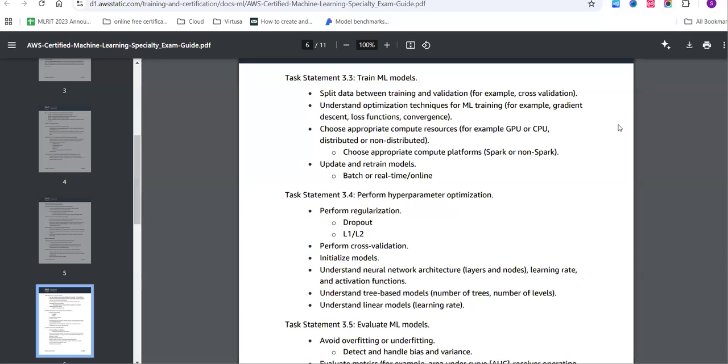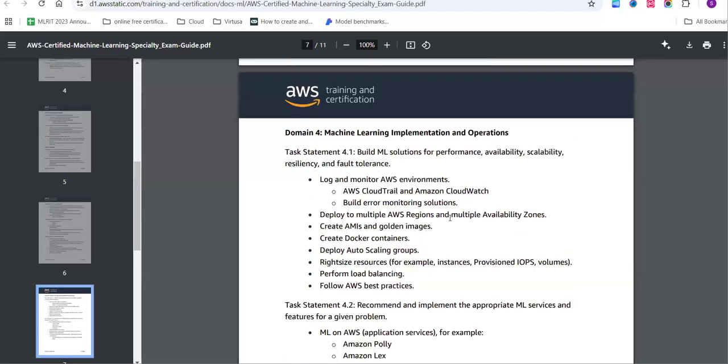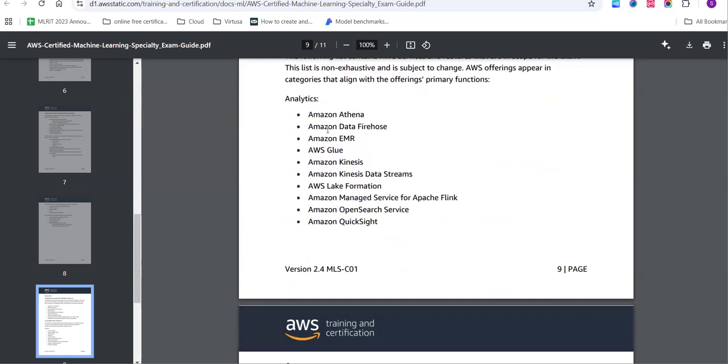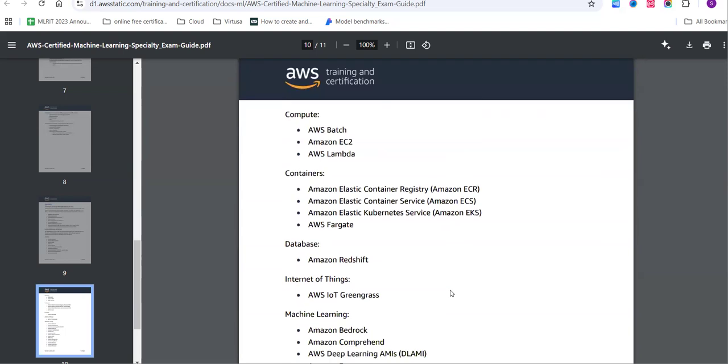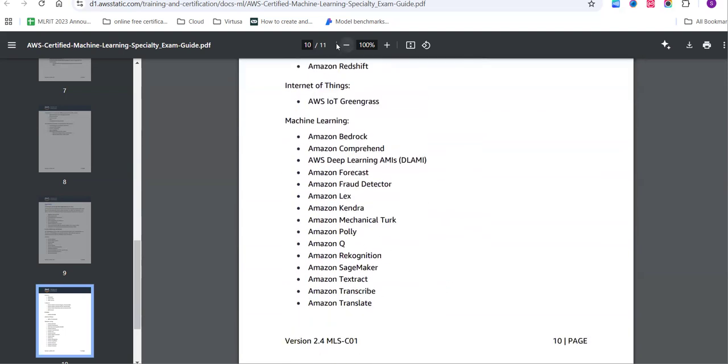Such types of questions are coming. And lastly, we are also getting questions related to AWS architecture only. That is the architecture that you build in order to achieve these tasks. So what are the services that you need to prefer? Such questions are also coming related to AWS architecture.